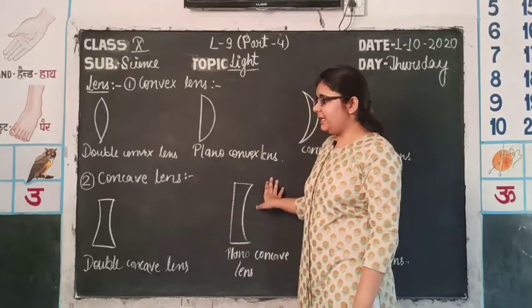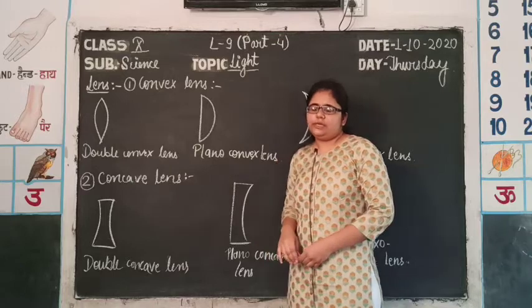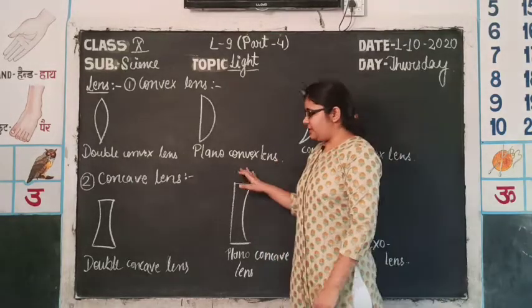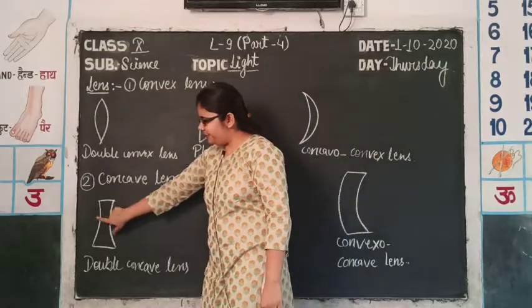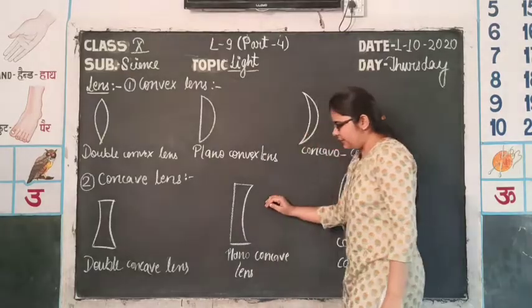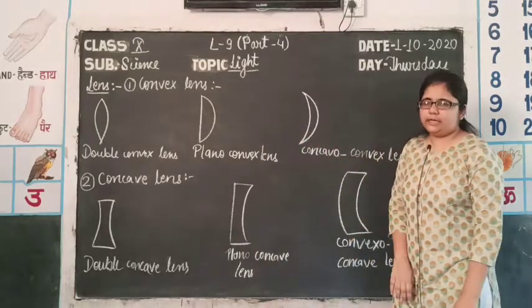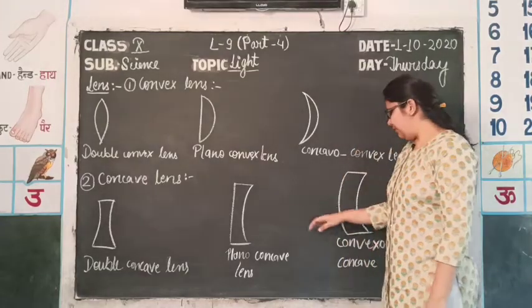Then the second type of lenses are concave lenses. These are also three types. First one is double concave lens, in which both the refracting surfaces are concave, like a cave-like structure. Second one is plano concave lens, again one surface is plane and the other one is concave.